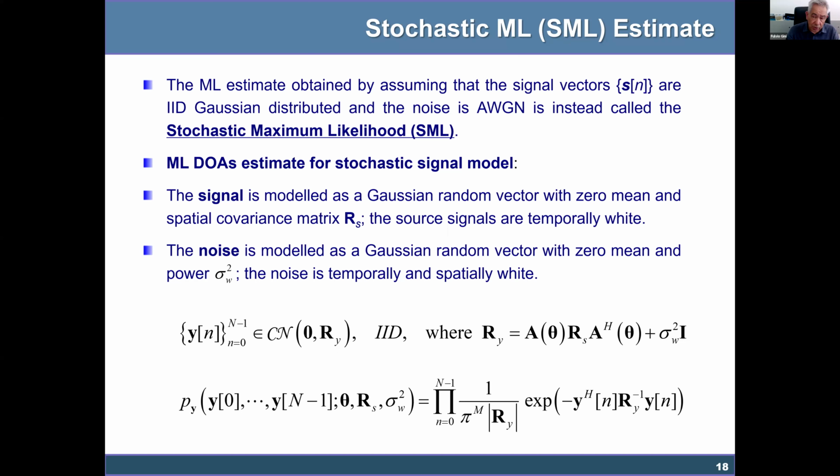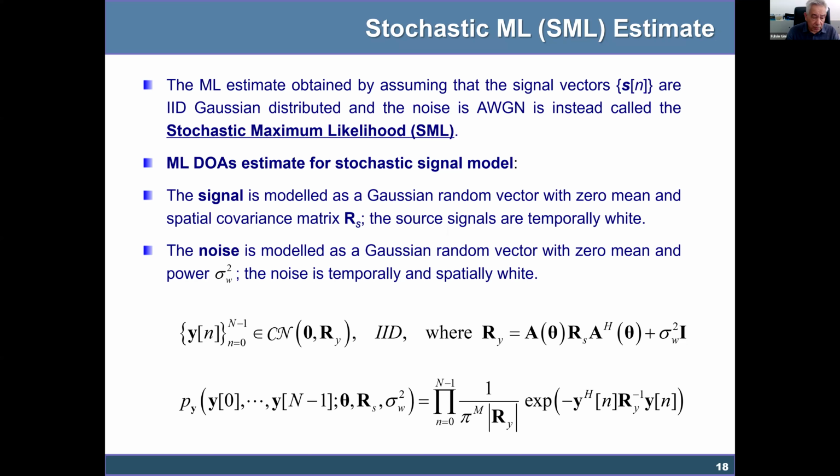In other words, both the signal generated by the sources and the noise are white Gaussian processes. The maximum likelihood estimator derived under this assumption is called stochastic maximum likelihood, because it relies on a random model of the source signals.